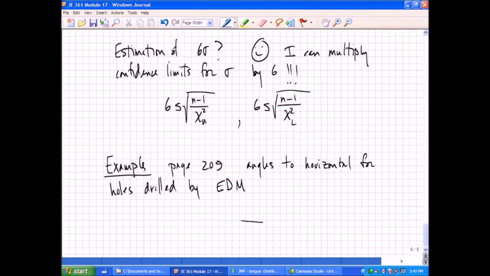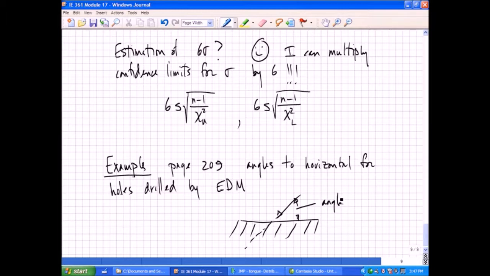So if I have a part, and there's its top surface, and I drill a hole in it, I can measure the angle of that hole.